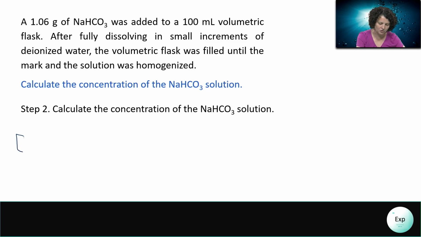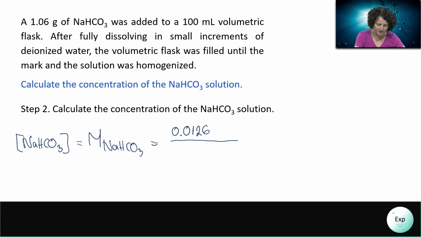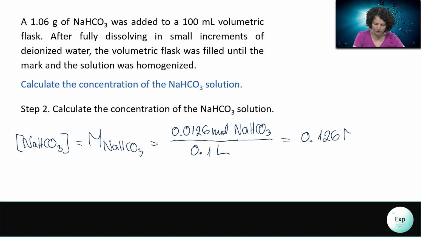So the molarity of sodium bicarbonate is, you have the moles on top, 0.0126 moles of sodium bicarbonate, divided by 100 milliliters, converted to liters, is 0.1 liter. The result of this calculation is 0.126 molar. Otherwise, we can write it as 0.126 moles of sodium bicarbonate per liter of solution.